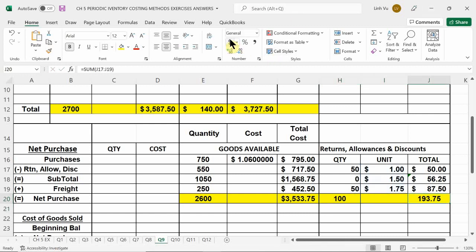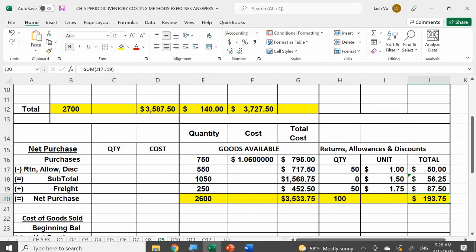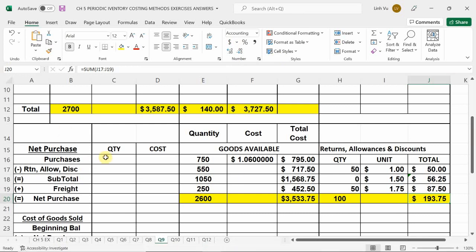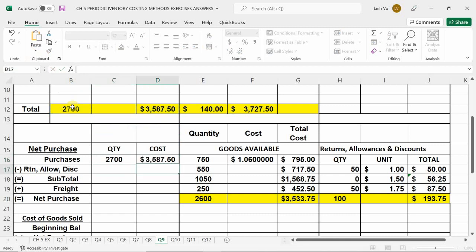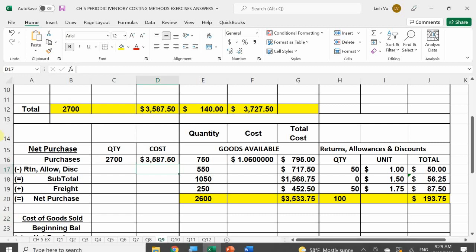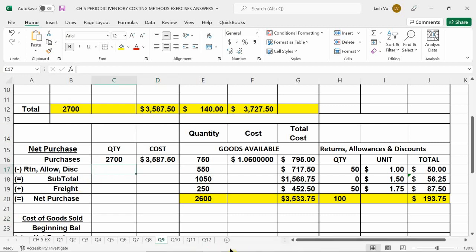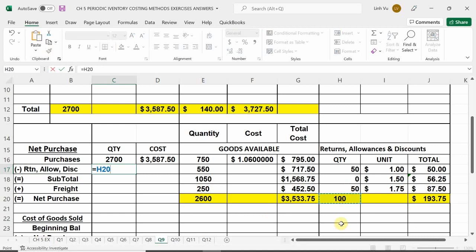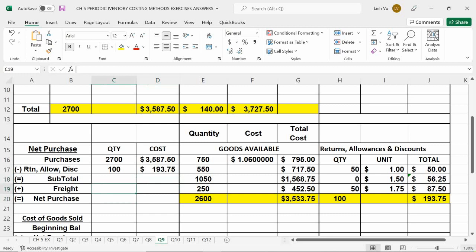So let's go ahead and plug in our numbers and solve. So again, purchases, right? We purchased 2,700 units at a total cost of $3,587.50. We end up returning 100 units at a total cost of this, so that should decrease my values accordingly.